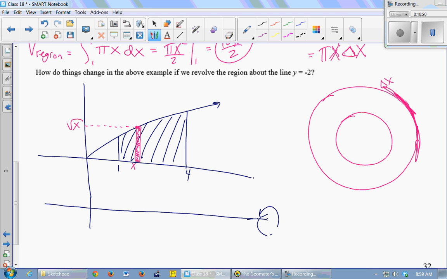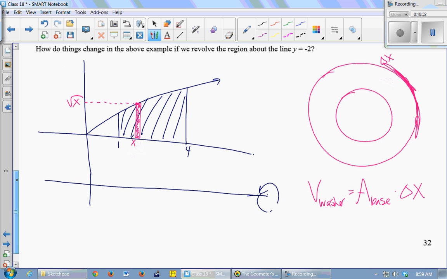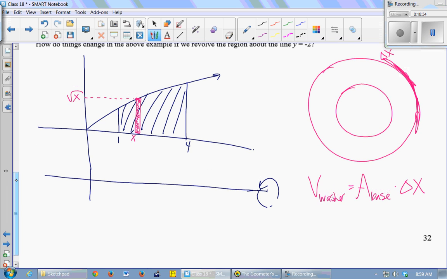So the volume of my washer is the area of the base times delta x, the height. So how would I find the area of that washer? What do I need to know? Yeah, I can find the area of the outer circle, subtract the area of the inner circle.